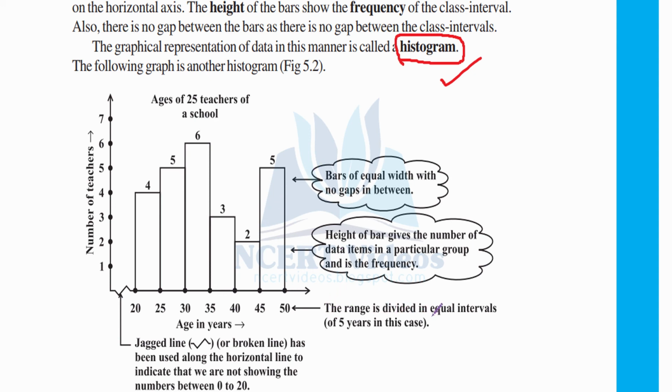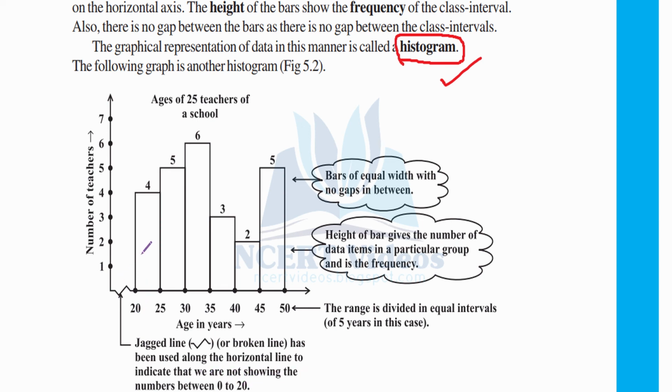So the range is divided into equal intervals of 5, because you see from 20 to 25, 5 is the difference, 25 to 30 is the difference, and so on. So this is the width of these class intervals. The new thing over here is this jagged line or broken line. It simply means that we are not showing the numbers between 0 and 20.